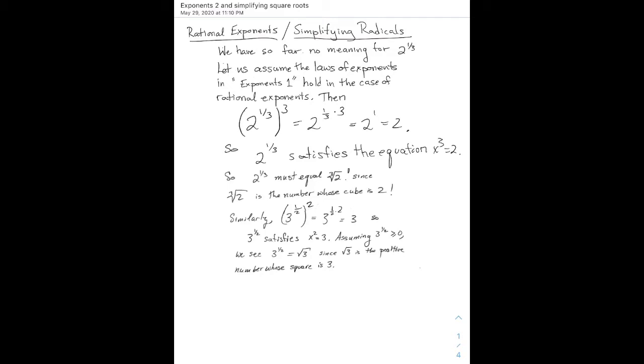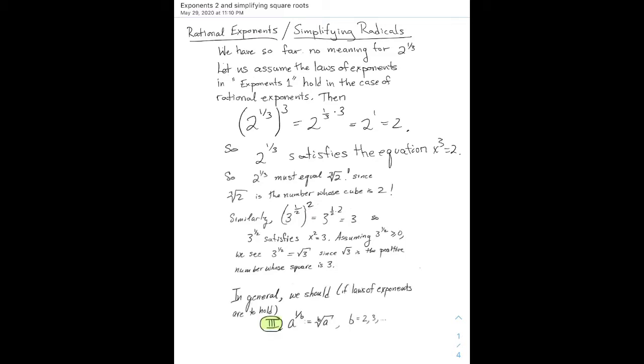Similarly, 3 to the 1/2 squared is equal to 3 to the 1/2 times 2, which is 3 to the 1, or 3. So 3 to the 1/2 satisfies the equation x squared equals 3. Assuming 3 to the 1/2 is greater than or equal to 0, we see that 3 to the 1/2 is the square root of 3, since the square root of 3 is the positive number whose square is 3.